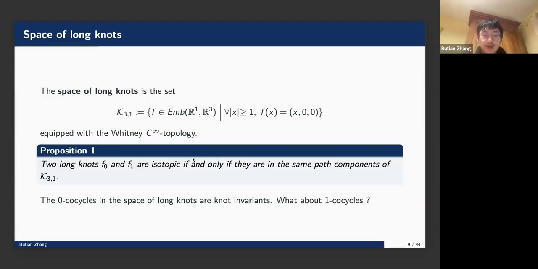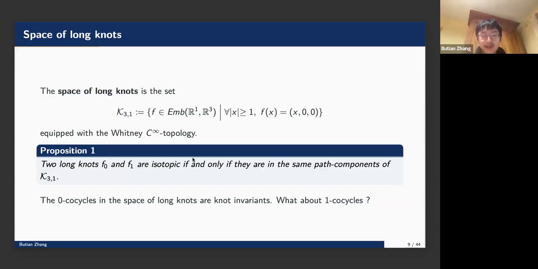I shall explain briefly what this C infinity topology is. For two elements in this set, since each element is an embedding, a map, we can study their derivatives.